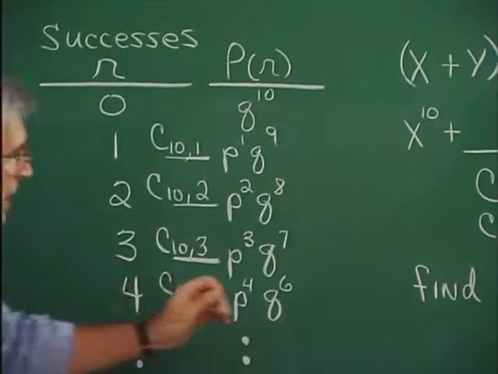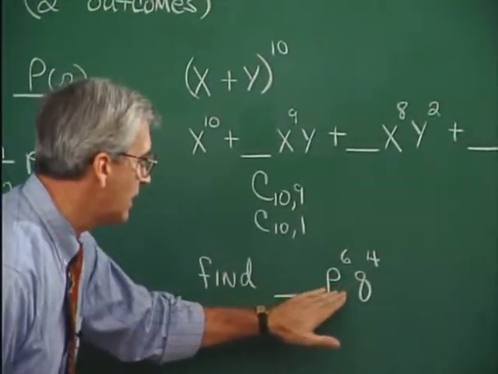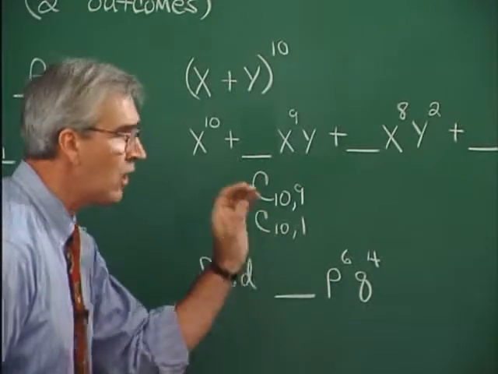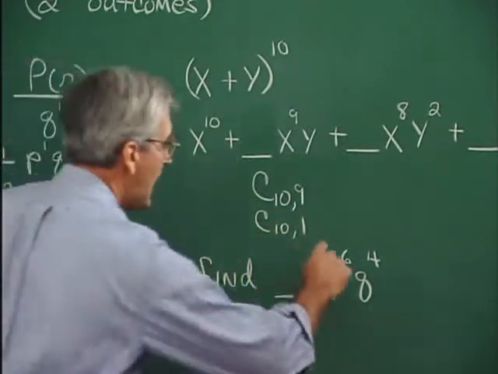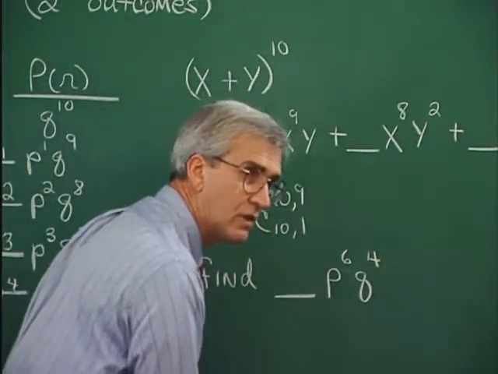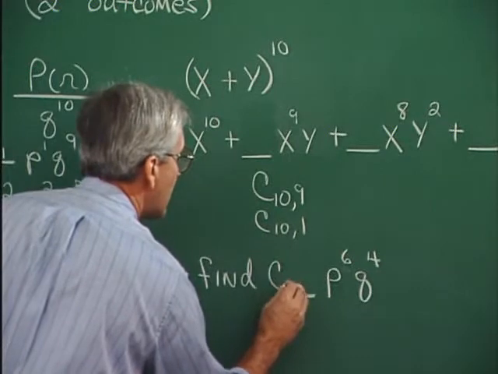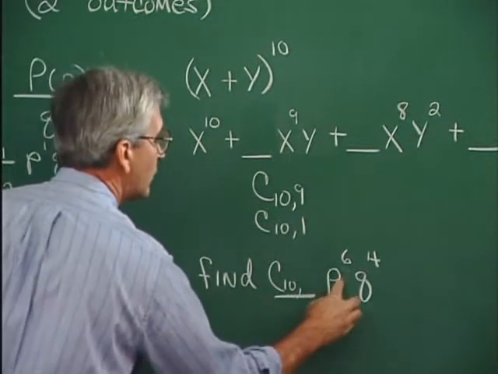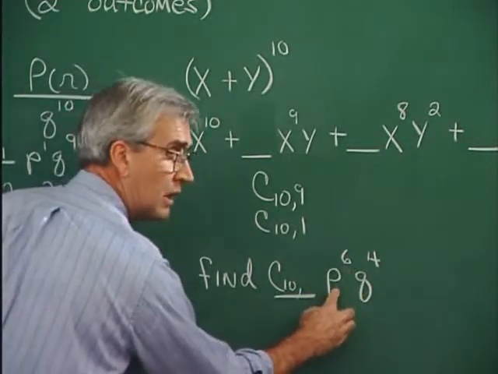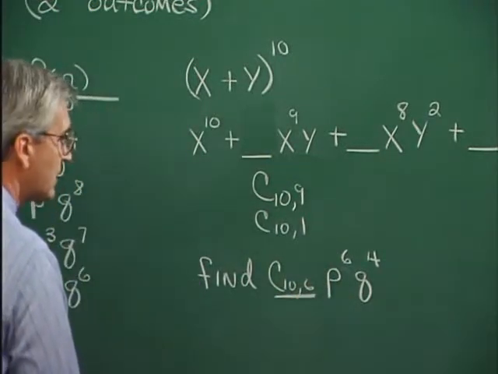For example, if we wanted to find the coefficient in something like this, even if we didn't know how many trials there were, if we had this facing us, we would know that 6 plus 4 is 10. There are 10 trials. So the coefficient then is the combination of 10 things taken, let's see, the exponent on p is 6. So the combination of 10 things taken 6 at a time.